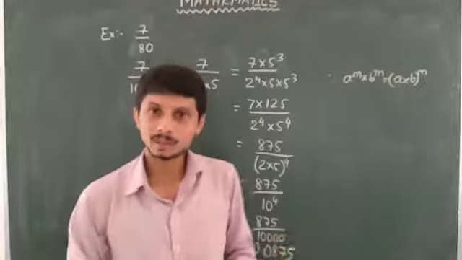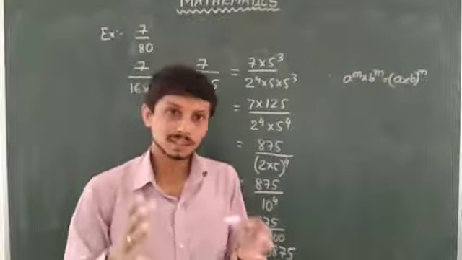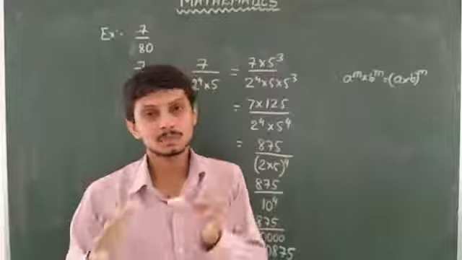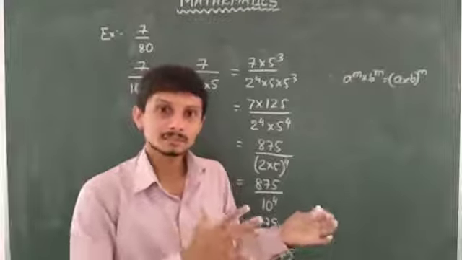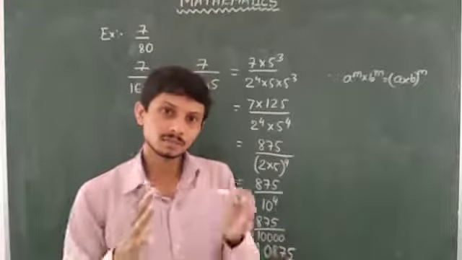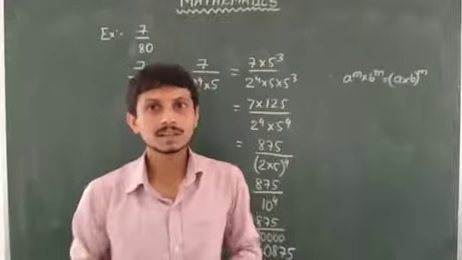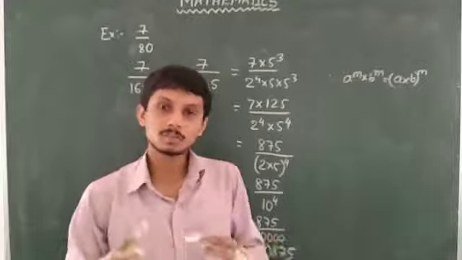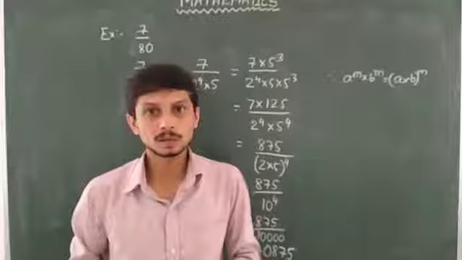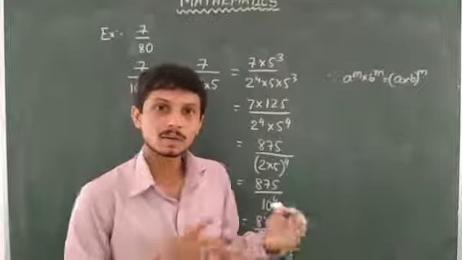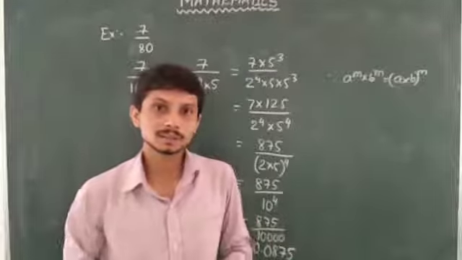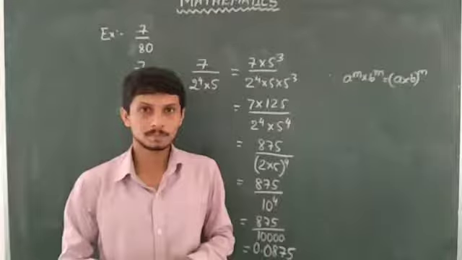We already discussed real numbers and Euclid's division lemma, their uses, their applications and some problems, and then we discussed the fundamental theorem of arithmetic and its problems. Then we discussed theorem 1.3 and 1.4 and theorem 1.5, 1.6 and 1.7. So these are all about real numbers.